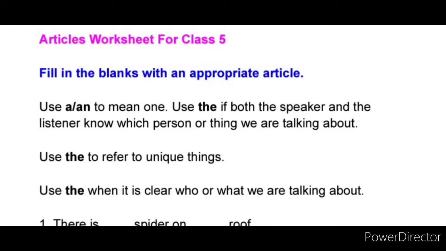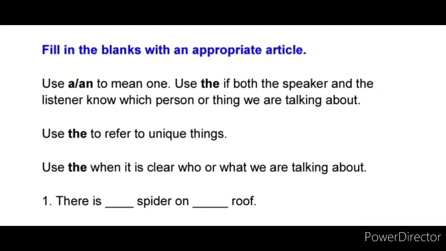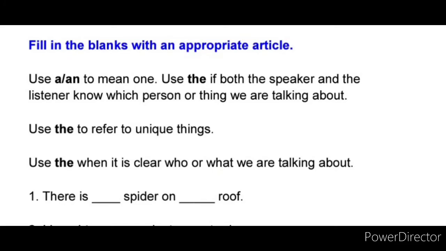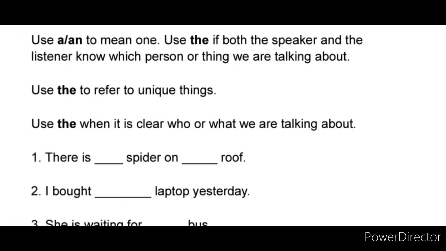So see here, the must be used for the particular thing or person which the speaker or listener is speaking about. For general things we will be using the indefinite article a and an. For specific things we will be using the definite article the. Next, use the to refer to unique things, like the sky, the moon, the stars.